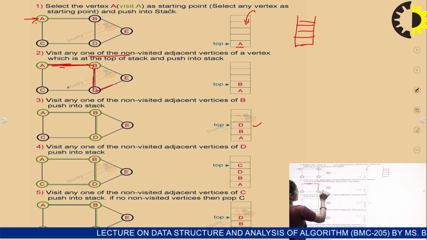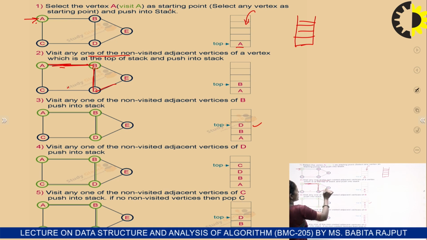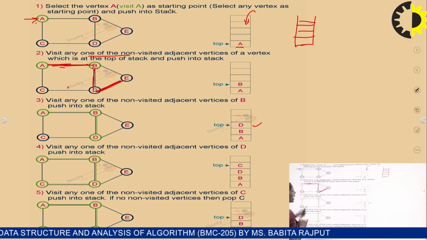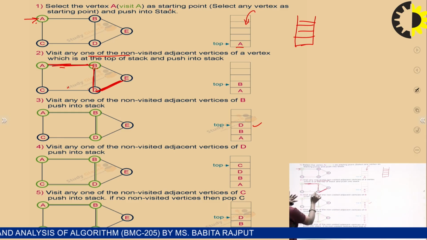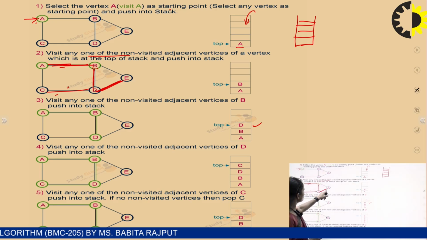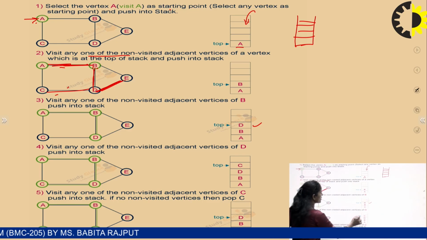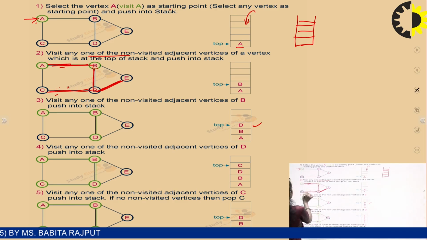Next we have the option to connect with E. So here we have a single path, I visited this and added E to the stack. Here we have another path also, that is D to C, but I go for E, you can say you can visit C, right?